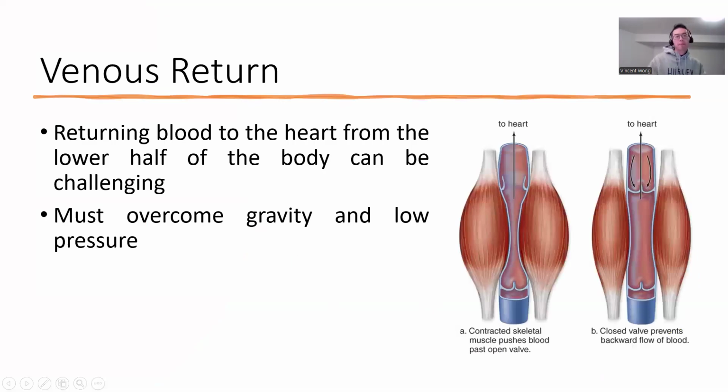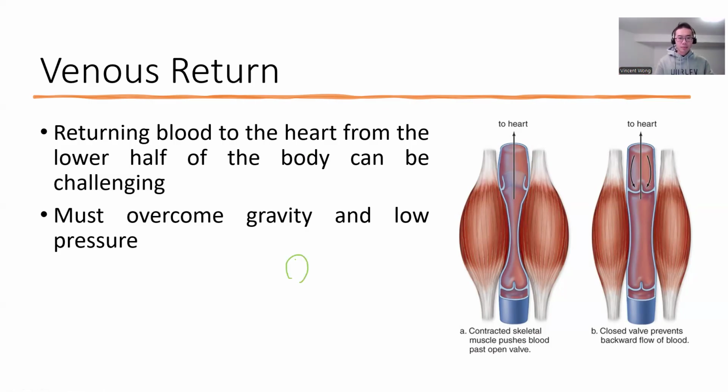All right, moving on. Next, back to the PowerPoint, we're going to talk about venous return. Venous return is essentially returning blood to the heart. And there are two main obstacles in achieving that.